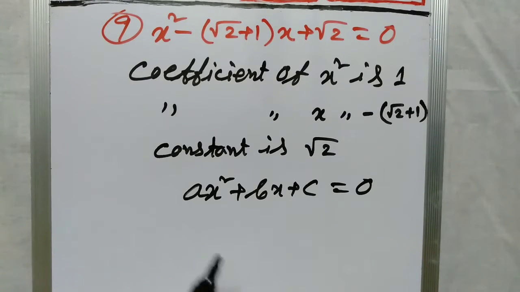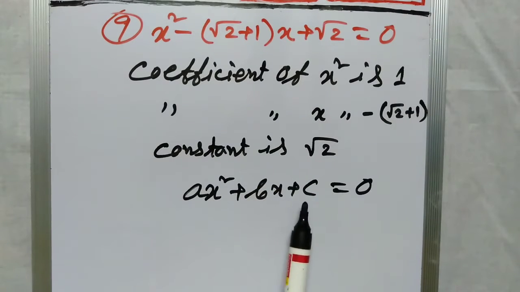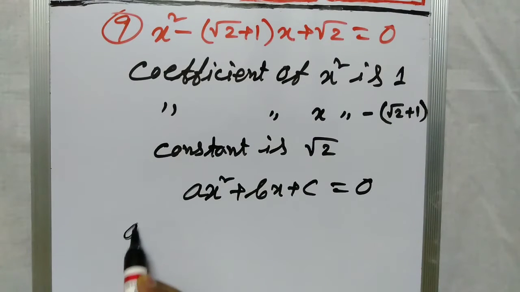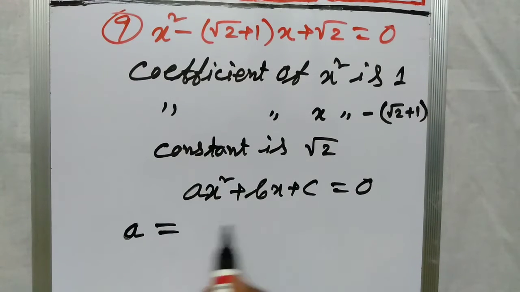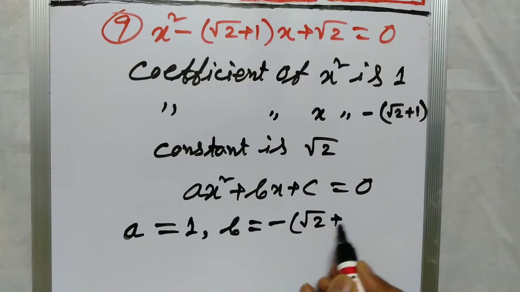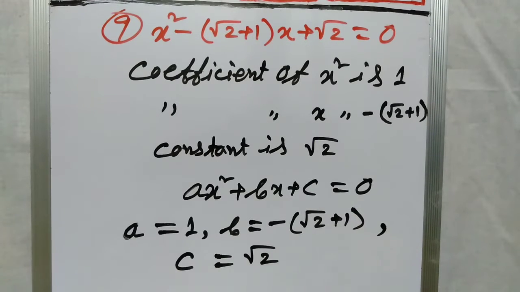Now, comparing this equation with the general form of quadratic equation, we get a is equal to 1, b is equal to minus (root 2 plus 1), with root 2 plus 1 in bracket, and c is equal to root 2.